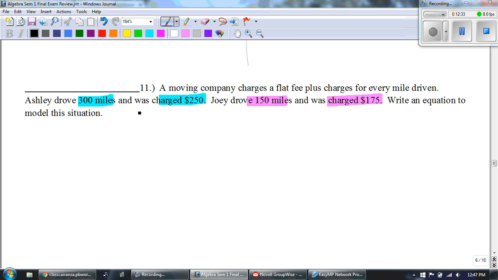So I have 4 numbers, which means I have 2 points. My first point is (300, 250), and then (150, 175). We're saying that x is the miles and y is the amount that you were charged.